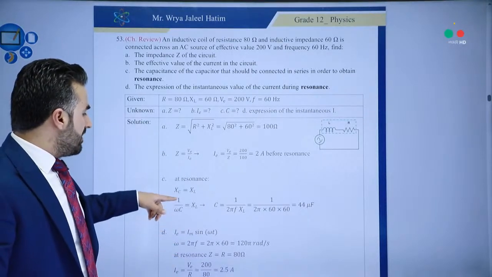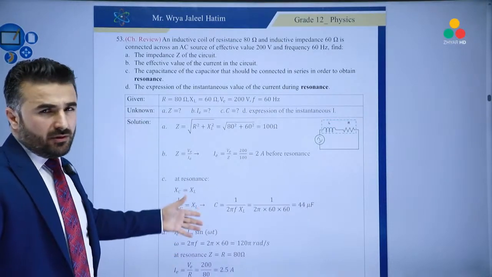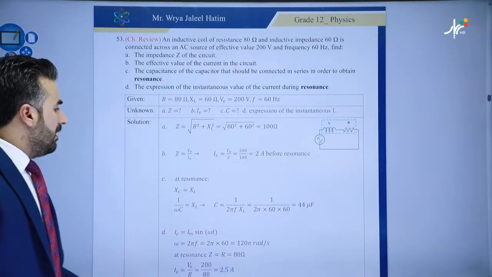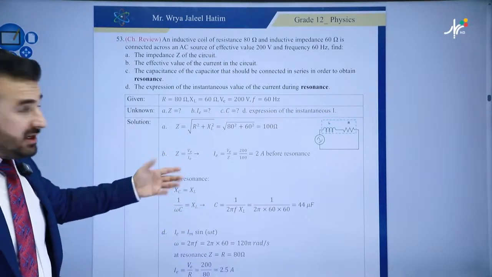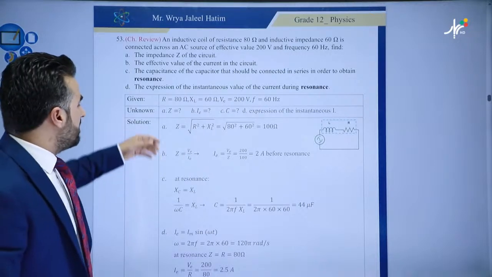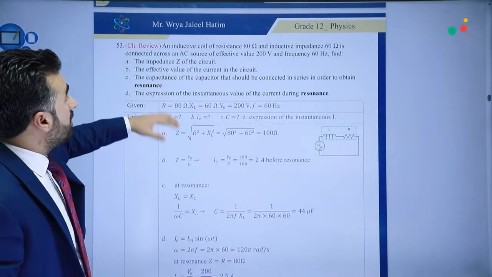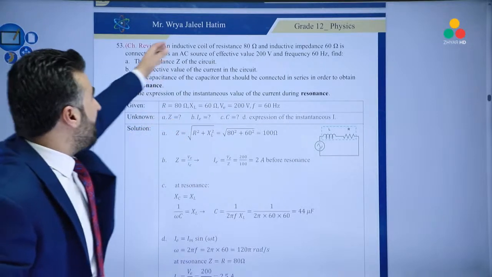So 1 over omega C equals XL, since you can see that the value for XL is given. It says an inductive coil of resistance of this much, so we have XL.